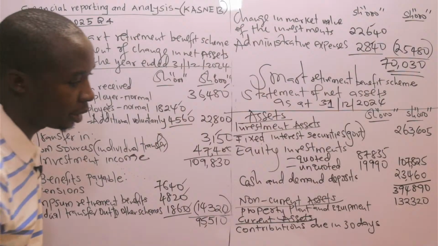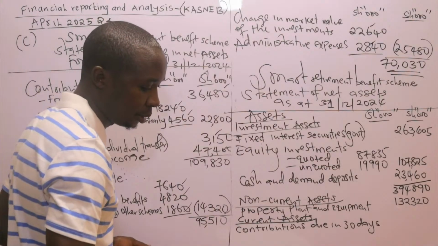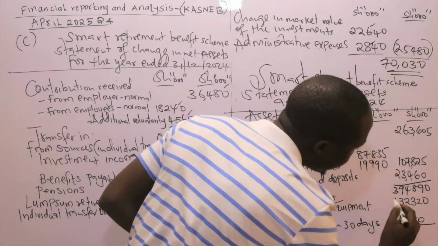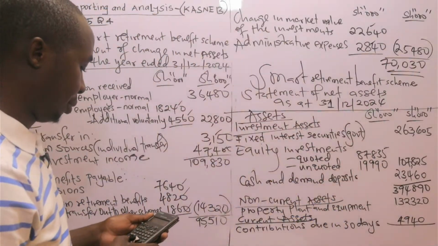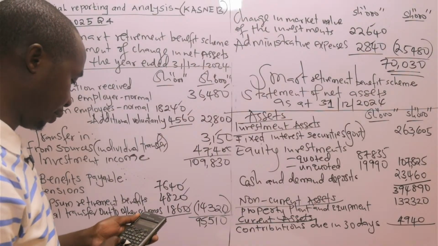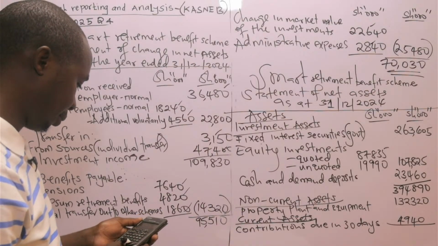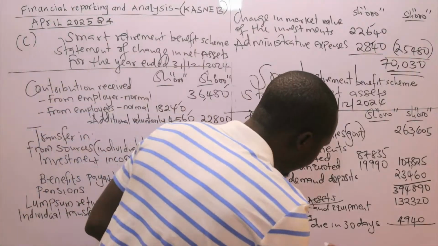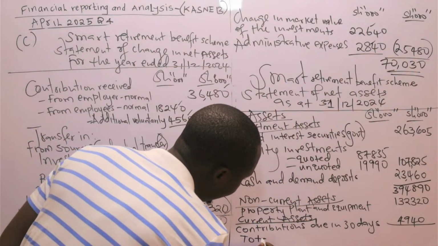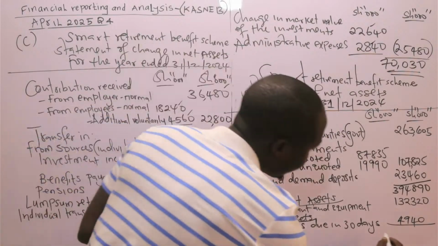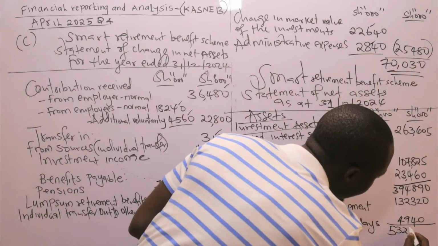Contributions due in 30 days are 49,840. So if we add 132,320 plus 49,840, total assets are 532,150.